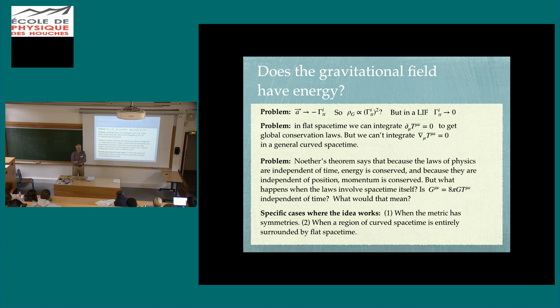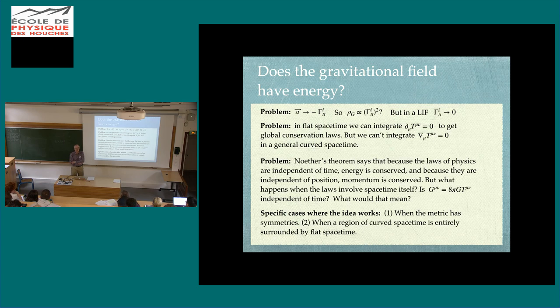So this gets to be a real tough problem when you talk about gravitational waves. Because if the gravitational field doesn't have energy, then can a gravitational wave carry energy? What does it mean for a gravitational wave to carry energy? And this is a difficult problem.